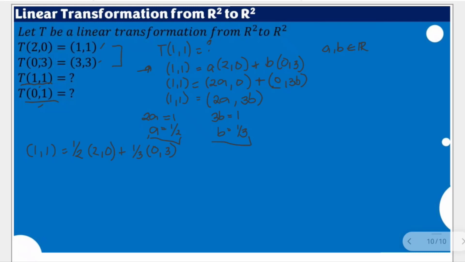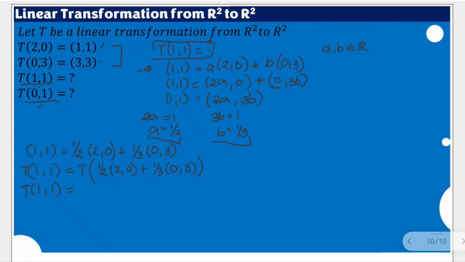Now we are solving for the linear transformation of (1, 1), not just (1, 1) itself. So when we do this, we have the linear transformation of (1, 1). We'll do the same thing on the other side: the linear transformation of 1/2 (2, 0) plus 1/3 (0, 3). But we have the theorem which tells us that we can distribute this linear transformation here, since we know that it's a linear transformation, right?